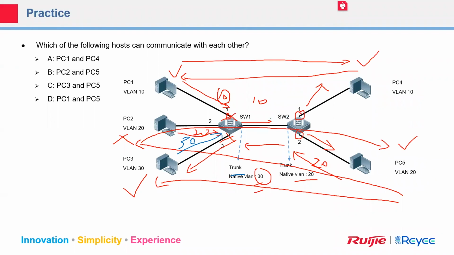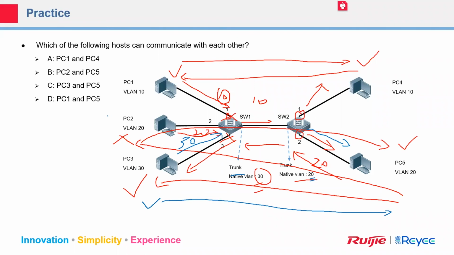Add VLAN 30. And then when switch 2 receives this packet, we add VLAN 20. Finally, the packet can be sent out of PC5 because this interface also belongs to VLAN 20. That means if PC3 sends a message to PC5, it can also succeed.